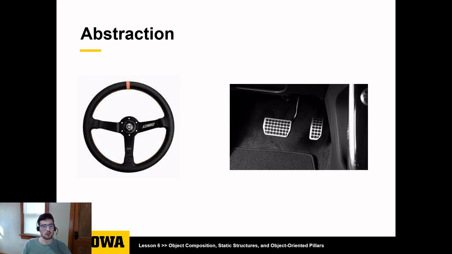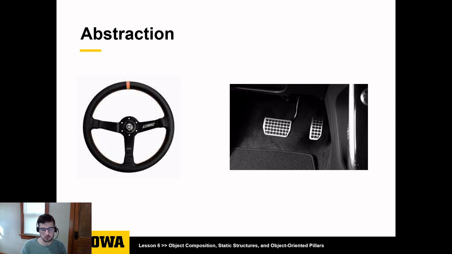How does a user interact with a car? They have a steering wheel, and they have a brake pedal, and they have a gas pedal, right? And that's really all they need to understand, is that you turn the steering wheel, the car turns, you brake, the car decelerates. If you press the gas pedal, the car accelerates.